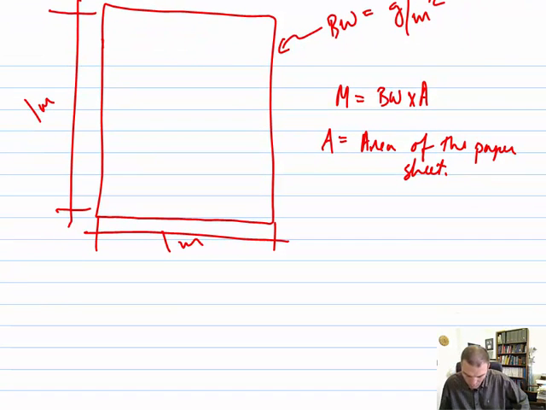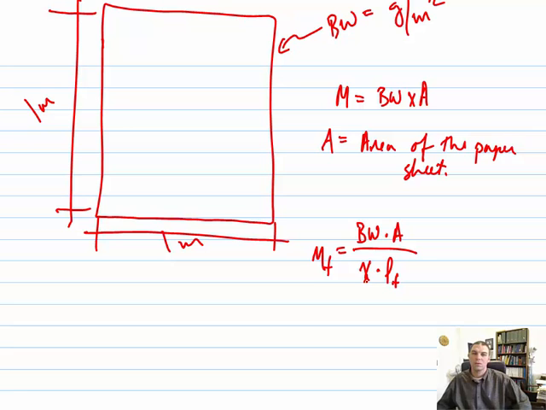Now, we would like to know the total number of fibers that make up this particular sheet of paper. The number of fibers is simply the basis weight times the area divided by the coarseness times the length of the fiber.